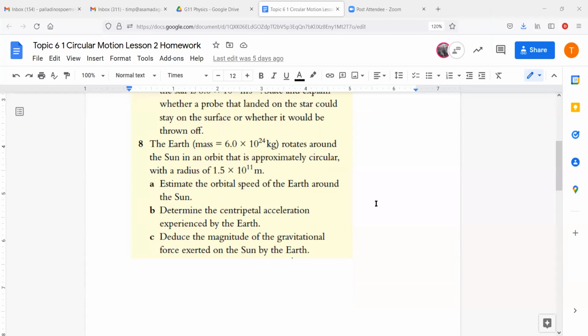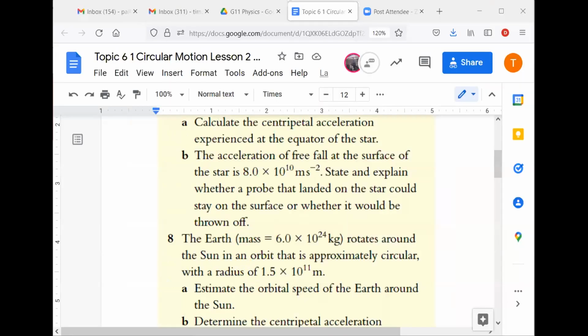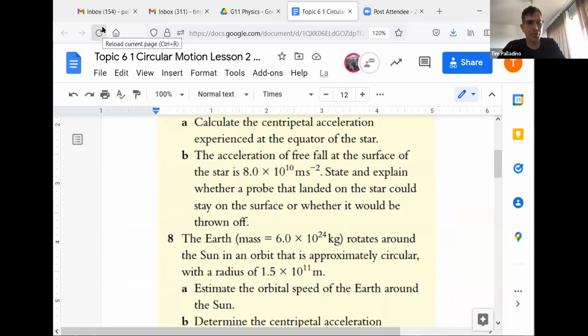I think it's a unit. Give me one moment. Let me just open up my book. Actually, I just checked. I have this book right here.